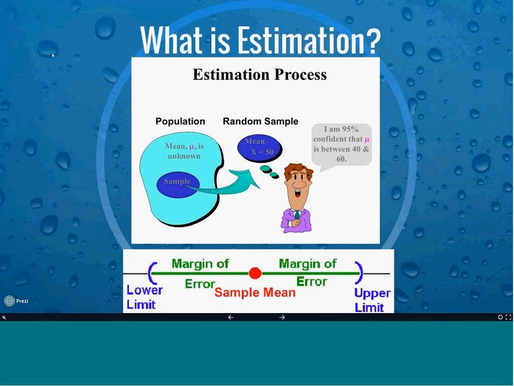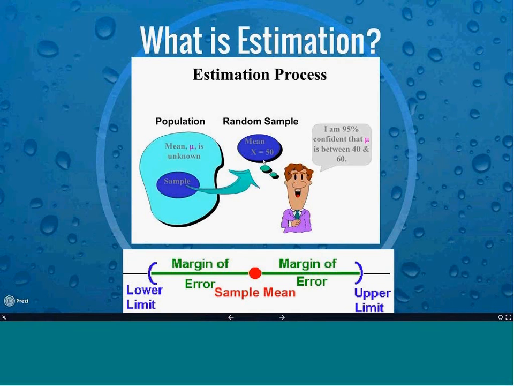Okay, so what is estimation, or penganggaran selang? Selang refers to interval. So in this case, the same concept. When we talk about statistics, you are taking a sample from the population. The population value, for example the mean, is always unknown. But from the sample, you take the sample mean X bar, so you get a value.